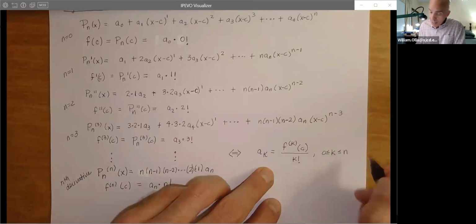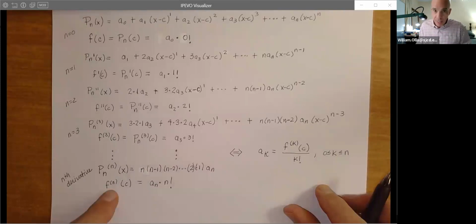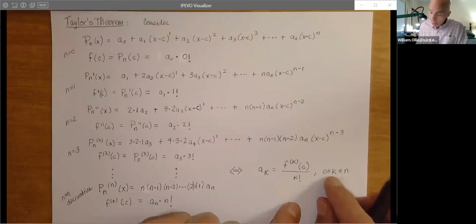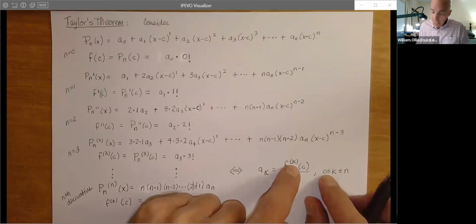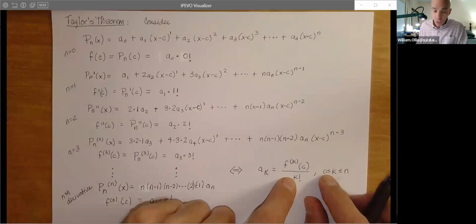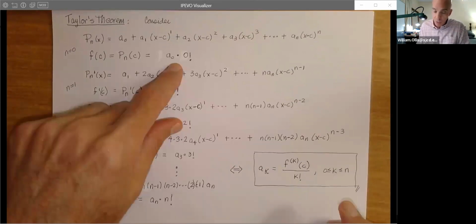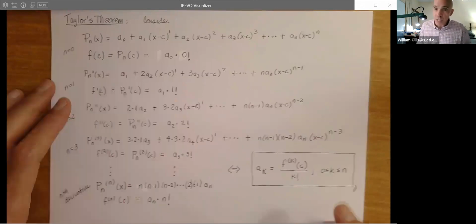So of course, when k is equal to n, we just get the nth derivative at c divided by n factorial. When k is equal to 0, we just get the 0th derivative, that is f of c divided by 0 factorial, which is f of c. So we like our definition of factorial to help us in the extreme cases so that we don't get division by 0. There's a reason we make those definitions.